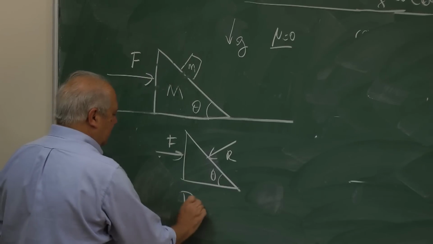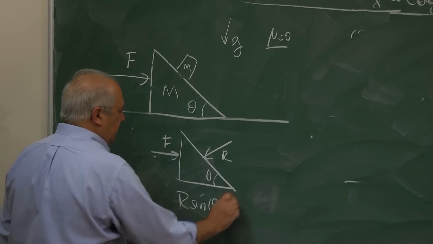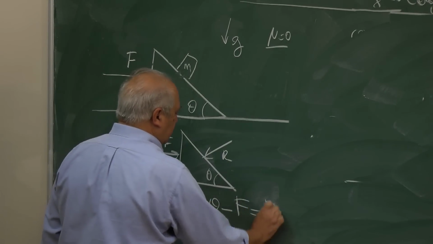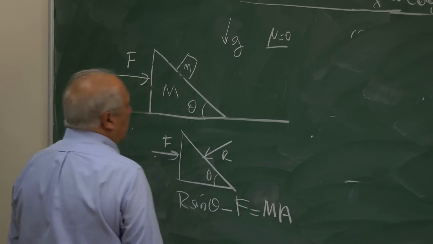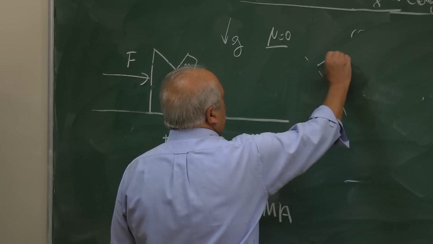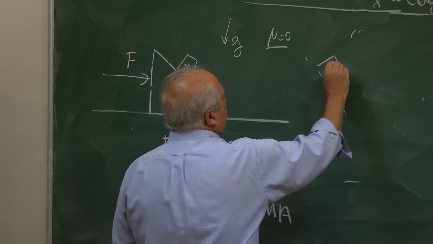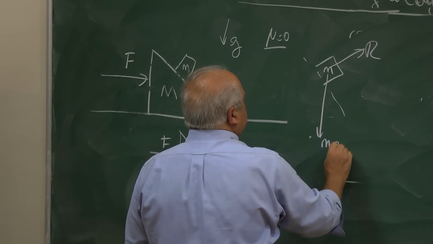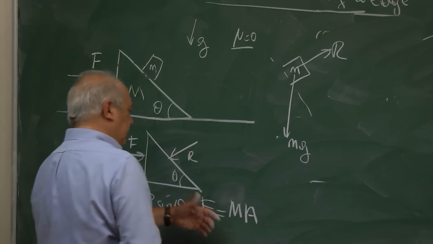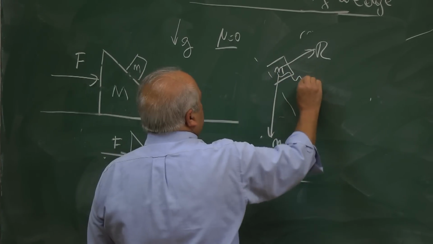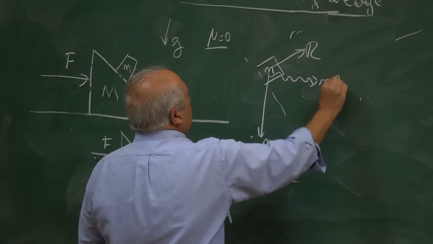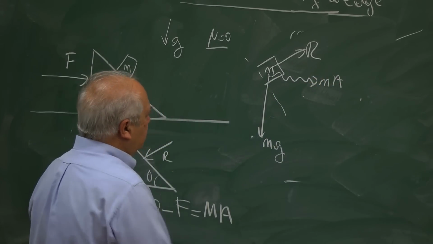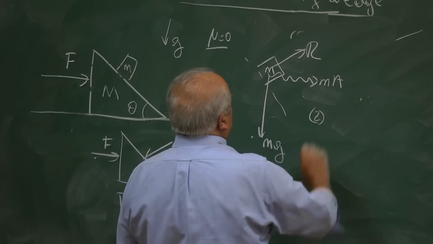So R sine theta minus F is equal to MA. And if you look at our little mass m, there is the reaction force R, there is mg down. Since it's going to the left, I put the ma. Again, we write the equations.